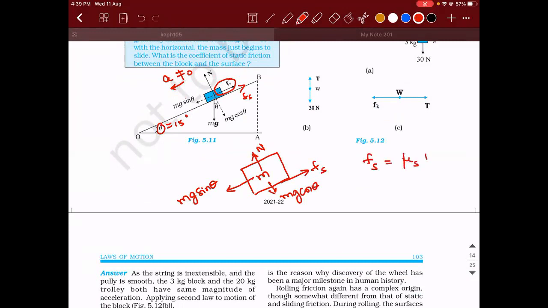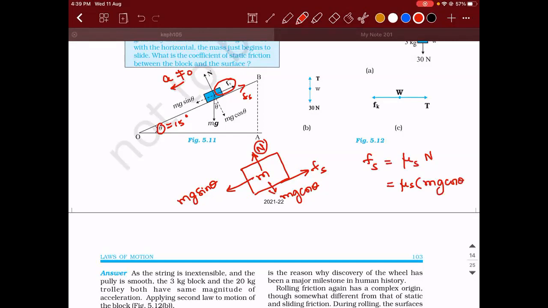So what is the value of Fs? Fs is equal to mu s into N. What is the value of N? It is mg cos theta. Very good.